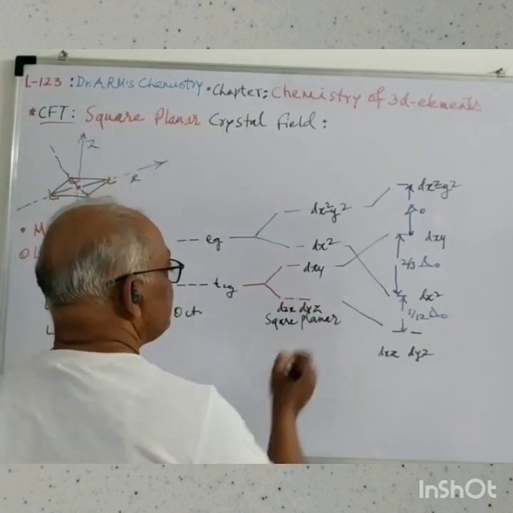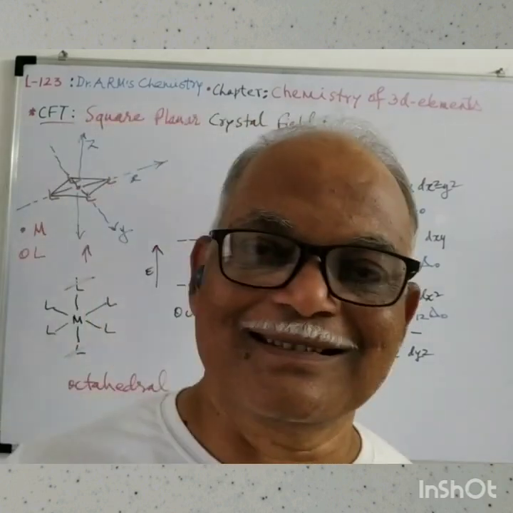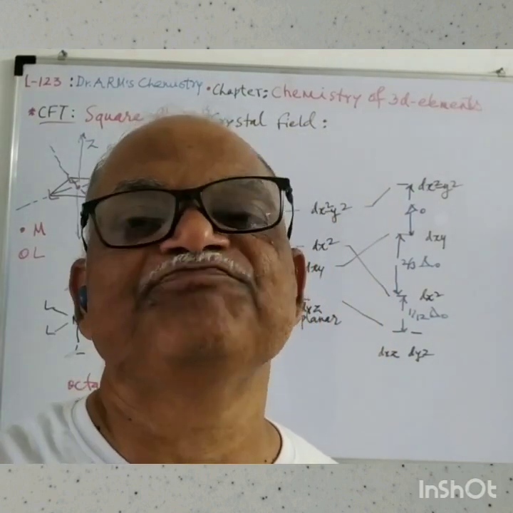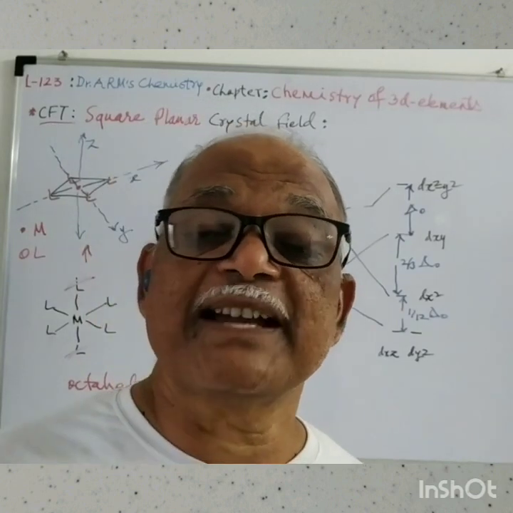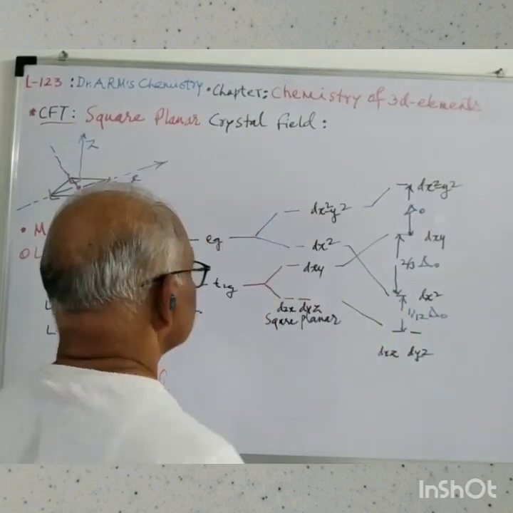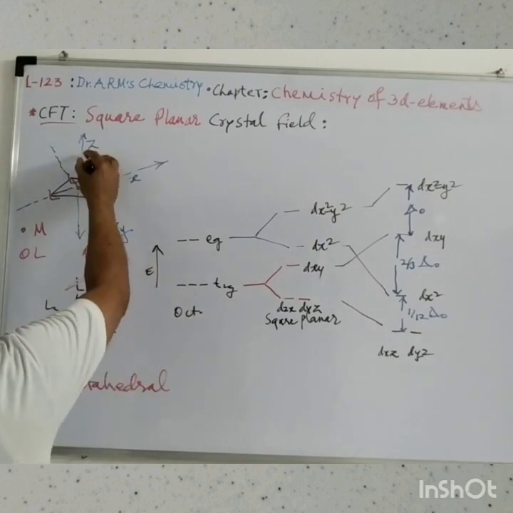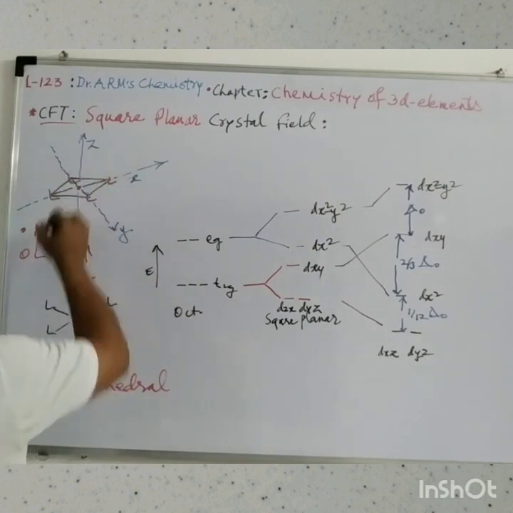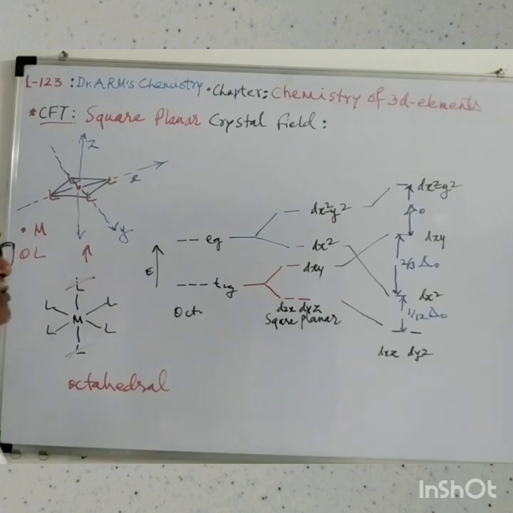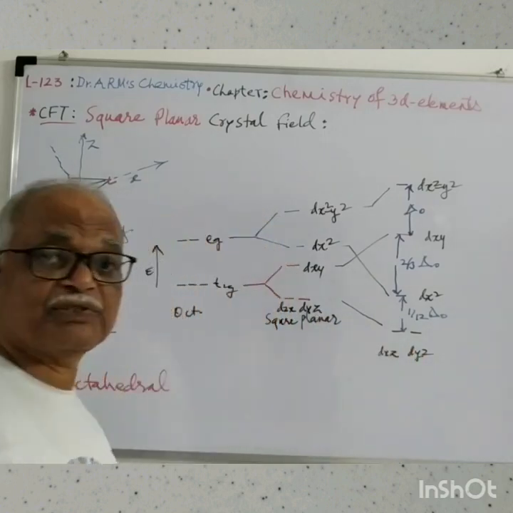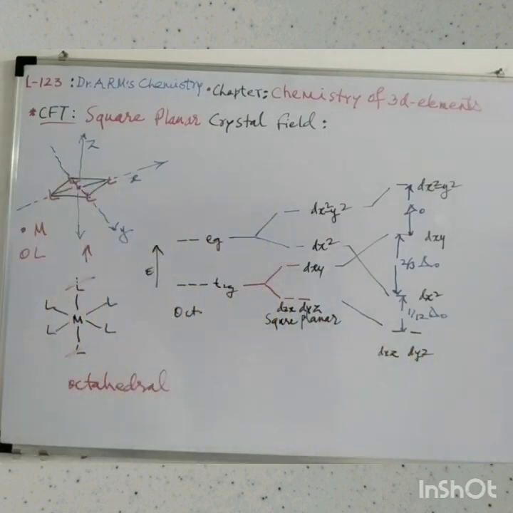Similarly, the dyz orbital has lobes lying in the plane between the y-axis and z-axis. So there are orbitals like this. They suffer less interaction, and that is why they are lying lowest in the energy level diagram.